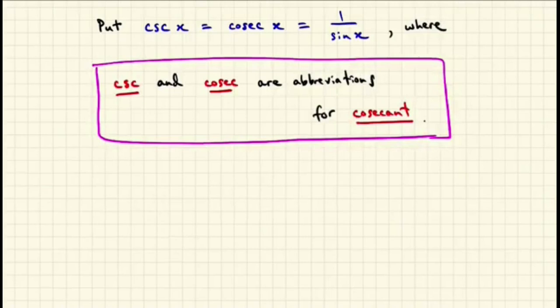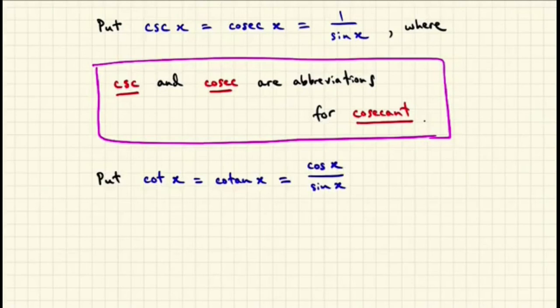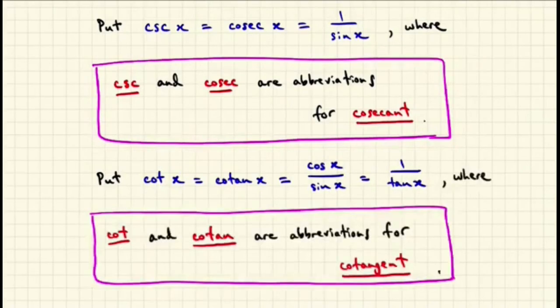Put cot x, or cotan x, equal to cos x divided by sine x, which is the reciprocal of tan x. And here, cot and cotan are common abbreviations for cotangent. Cosecant and cotangent again have geometrical interpretations in more advanced trigonometry, which I won't go into here. And we will not need either of them in this course.